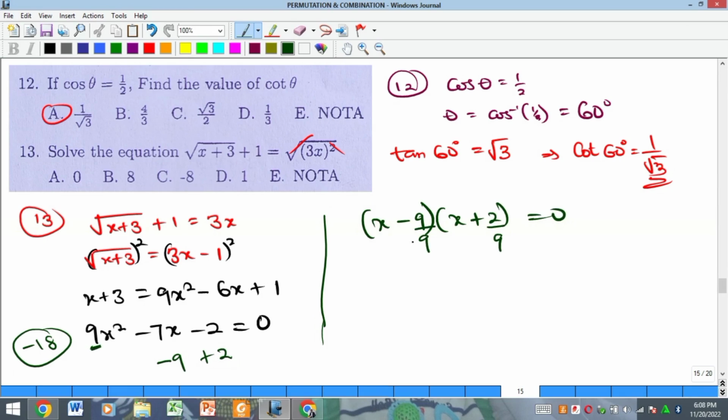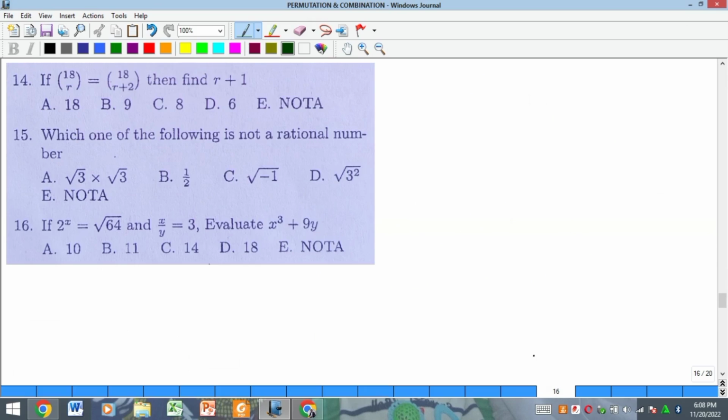So this will go away. You have x minus 1 is 0, or x is equal to minus 2 over 9. So if you solve this side, you have x is positive 1, and there is positive 1 here, and that is our solution.